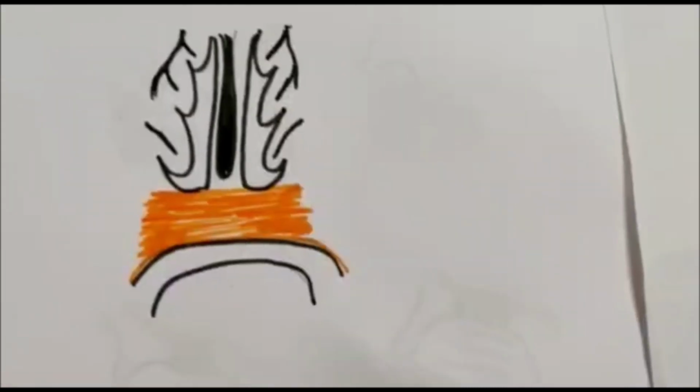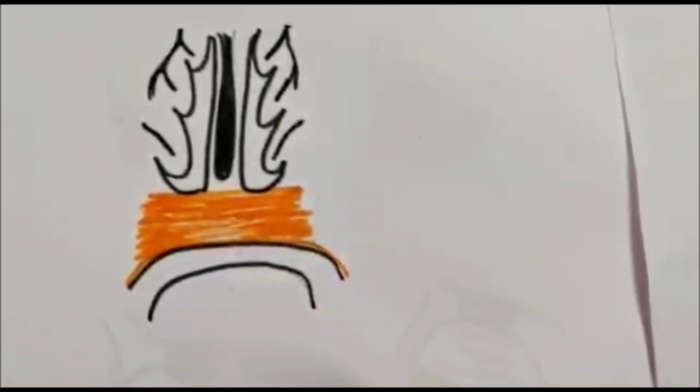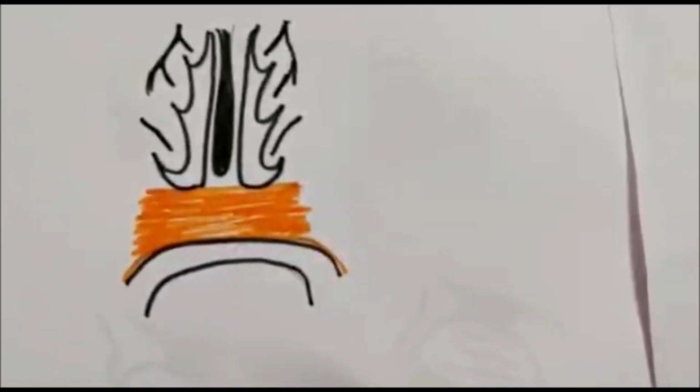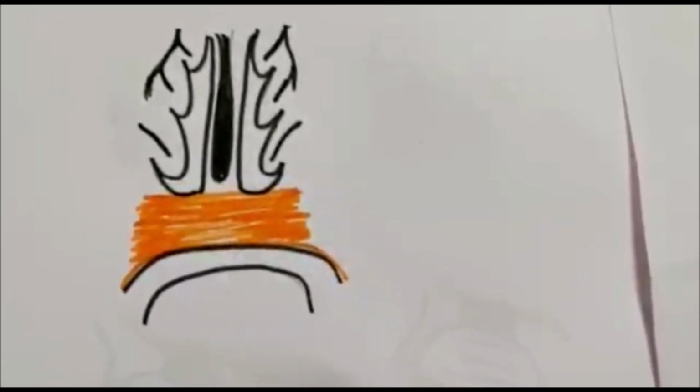At the same time, when the palate is fusing, the nasal septum also has a downwards growth and meets the developing palate, and this leads to the separation of the two nasal cavities also.